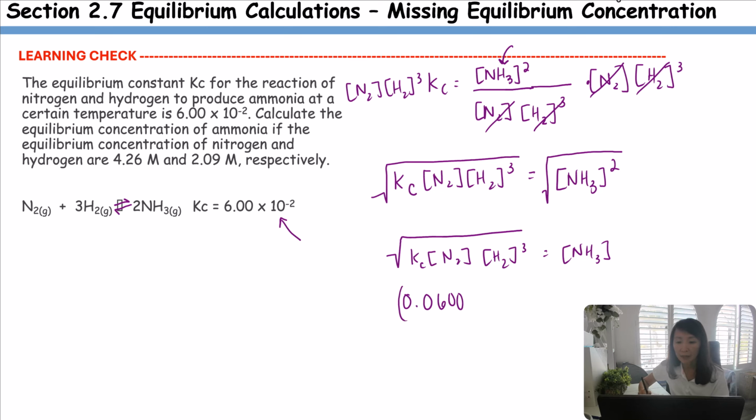Multiply by N2, which gives you that nitrogen is 4.26. And then this is 2.09 to the third power. And then we have the square root of the entire thing that's on the bottom. Remember to target everything that is inside the square root and then square root that.